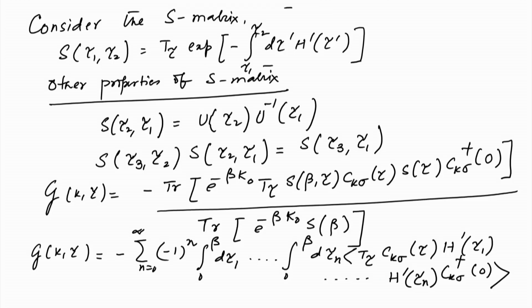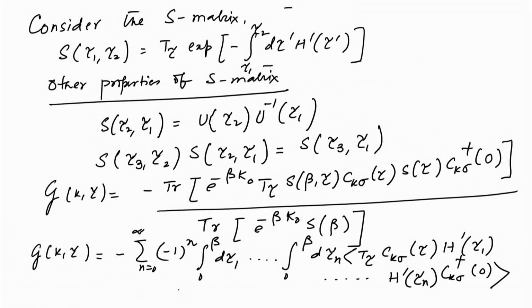In which case we have to go to higher orders, and in principle we have to include all orders of H prime and write down a Dyson-like equation, and this is what we are planning to do here. Just to say that in this, only the connected diagrams survive.